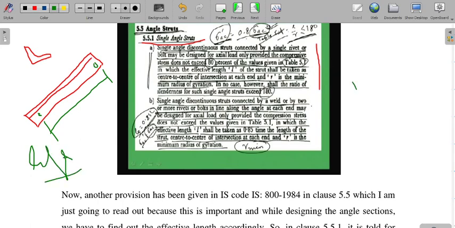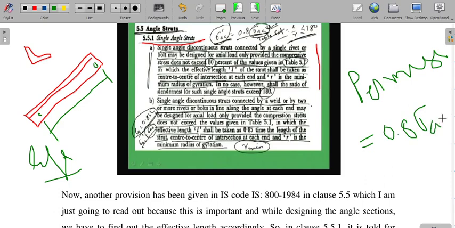Next we need the permissible stress, because once you know the effective length, then you have to calculate the permissible stress. As per the code book's guideline, the permissible stress is equal to 0.8 times sigma SC. So take the effective length, find the least radius of gyration from the code book, use this to get the value of lambda, then find the permissible stress either using the given equation or from the table, then multiply it by 0.8.